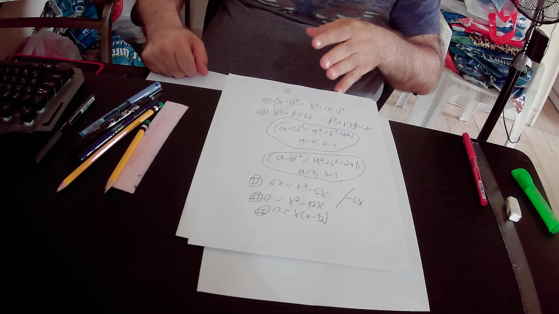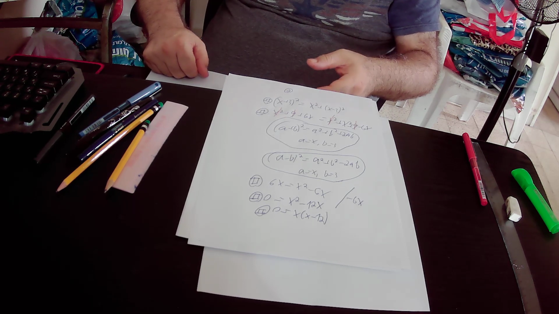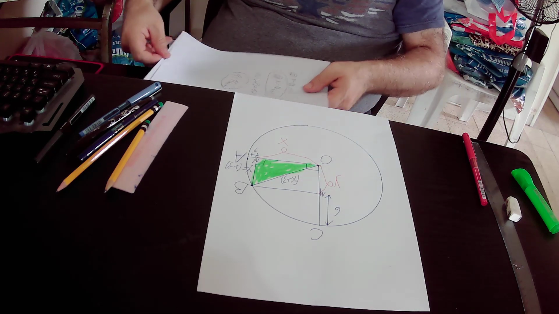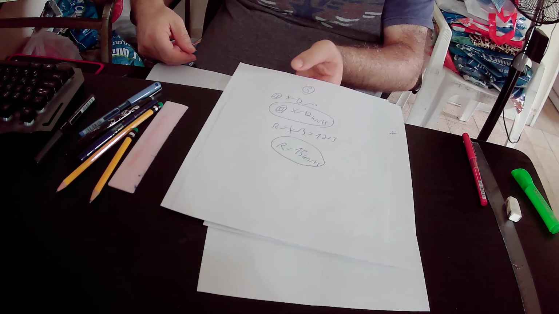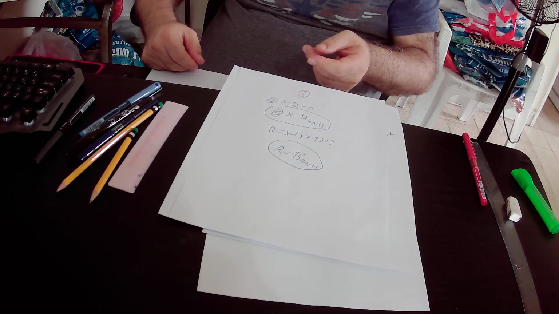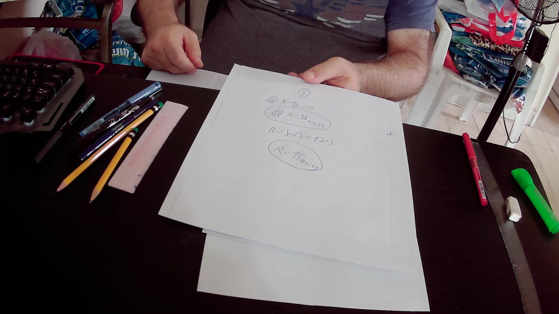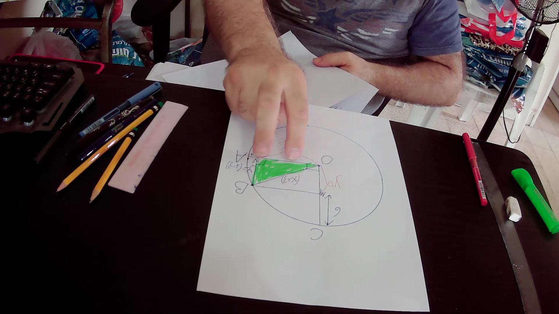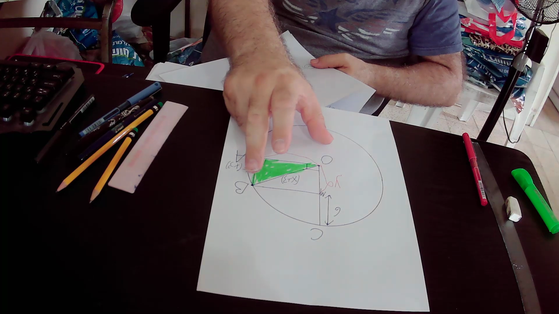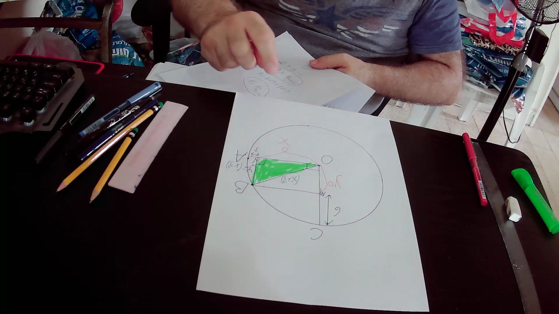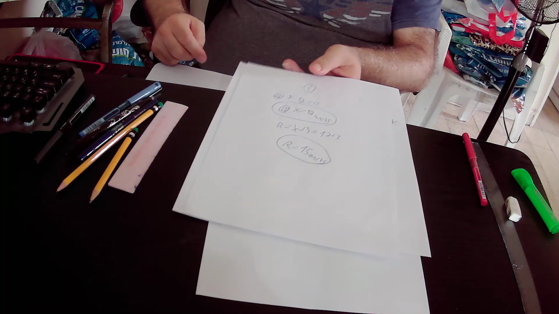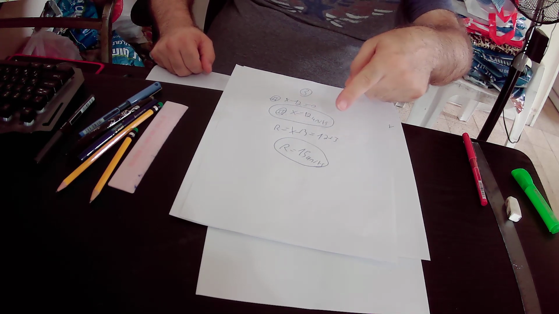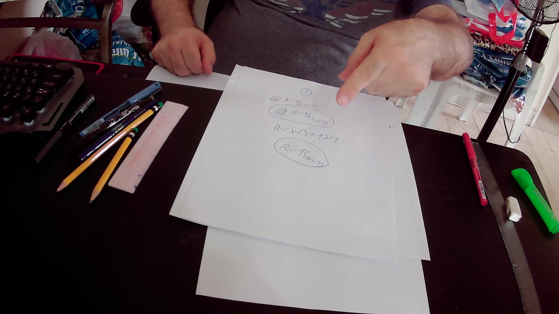And we solved this second equation, and we found out that x equals 12 units. But the radius of this circle equals x plus 3. OB is the radius of this circle, and it equals x plus 3. So the radius equals 12 plus 3, that is 15 units.